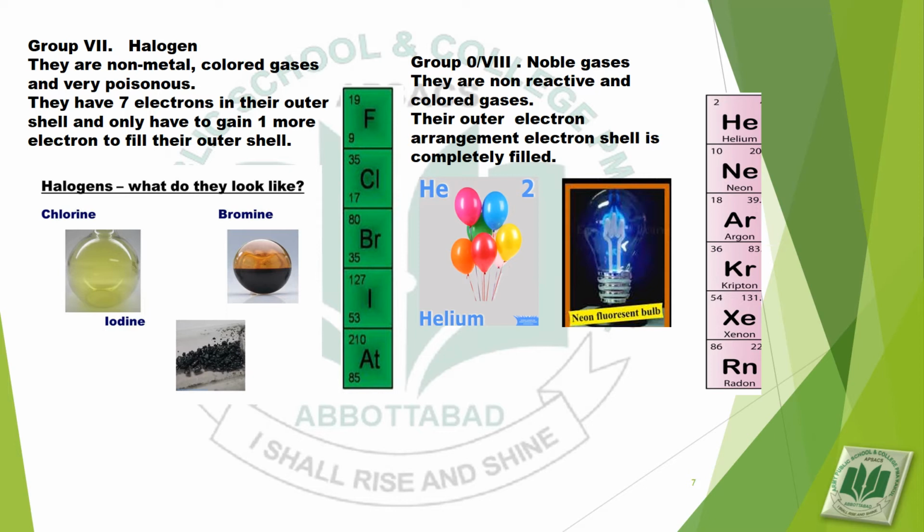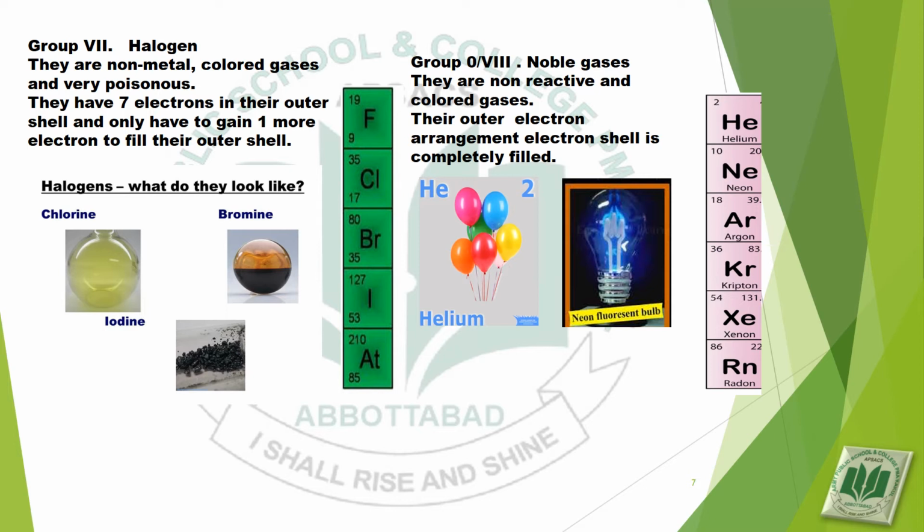They have 7 electrons in their outer shell and only have to gain 1 more electron to fill their outer shell. That's why these elements are included in group 7. The examples of halogens are chlorine, bromine, iodine.